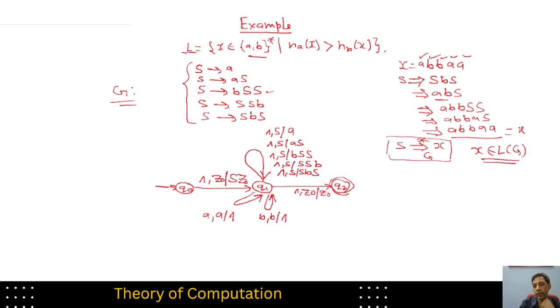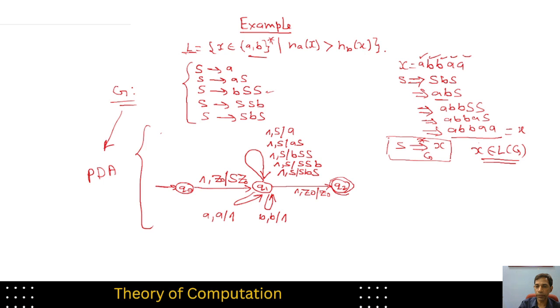And once you are at the final state, you have matched correctly and your input is exhausted, then you will see that yes, the given input is in the language. So this is the PDA you have obtained from the given grammar G. This is the way you can construct the PDA from any given grammar.